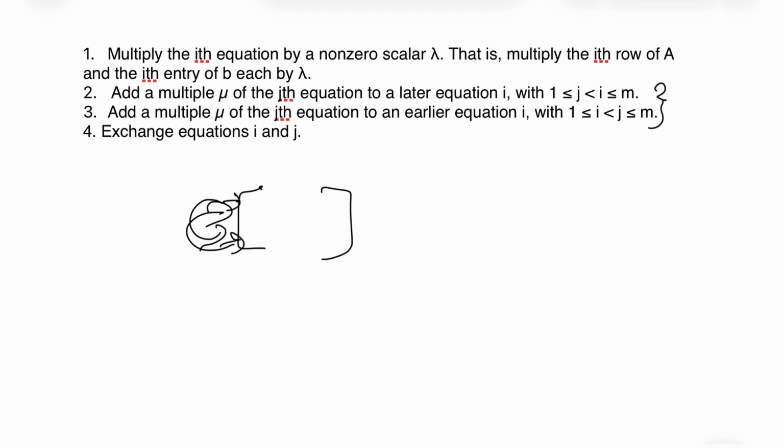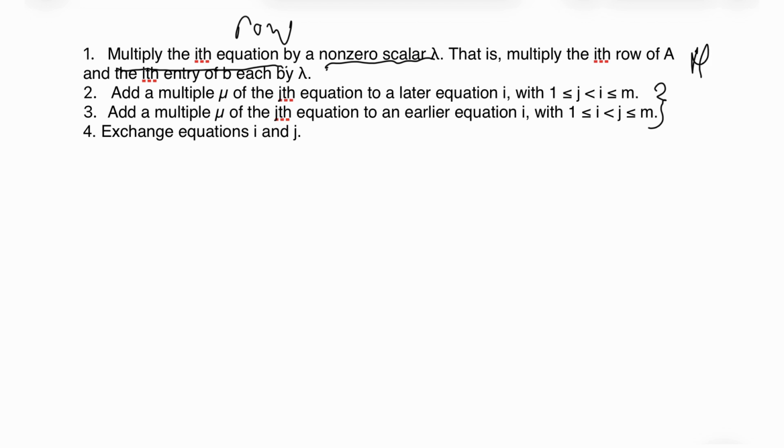Let's look at these rules in more detail. The first: multiply the ith equation, ith row, since each row is an equation, by a non-zero scalar lambda. This is the multiplication one. The second: add a multiple mu of the jth equation to a later equation i.